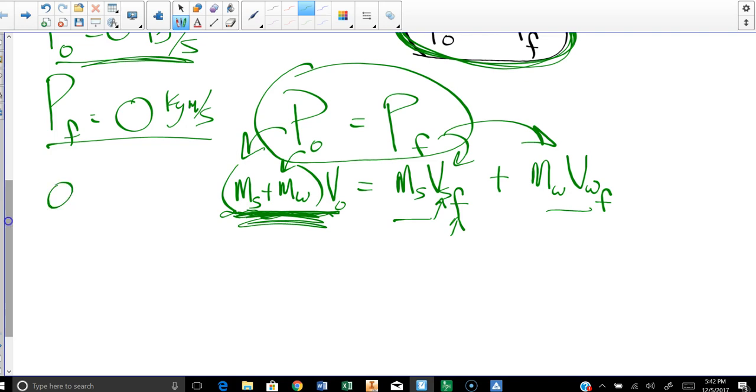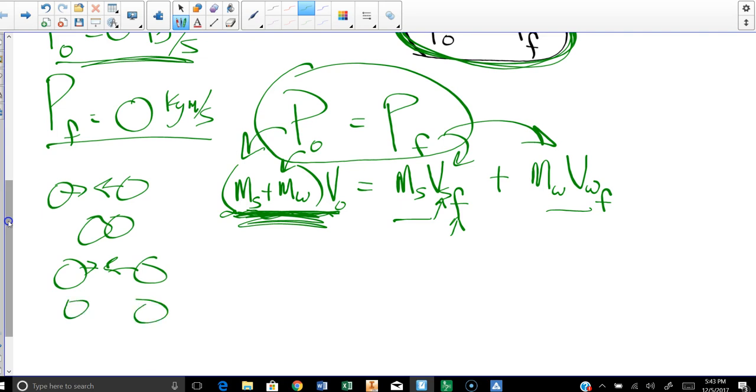You could have two objects that collide with each other and stick together and make one. Or you could have two objects that collide and bounce off each other. So you start with 2 and end with 2. There's all kinds of possibilities for types of collisions or so forth, interactions. This is just one, where I start with one object and I break up into 2. You could also look at this as somebody firing a gun.